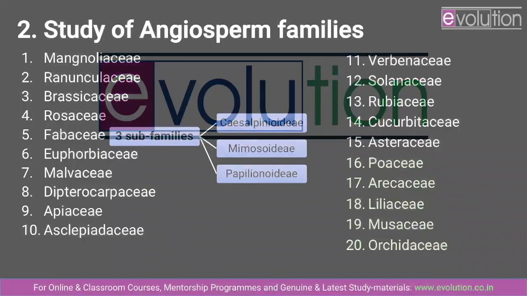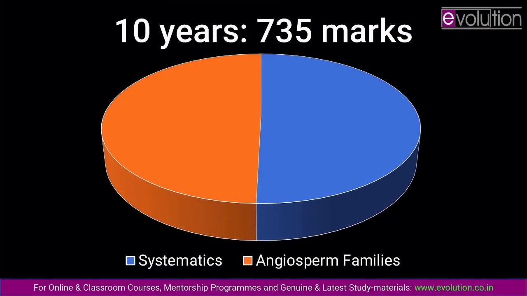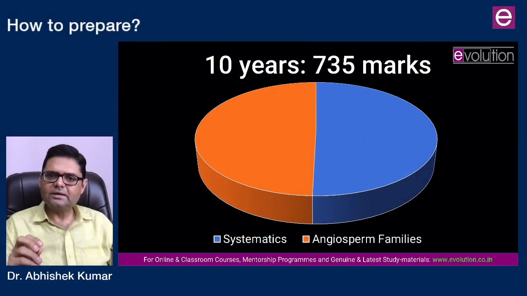So here we are. As you can see, in the last 10 years, questions in the civil service mains have been asked for 735 marks. The orange part is angiospermic families and the blue part is systematics.